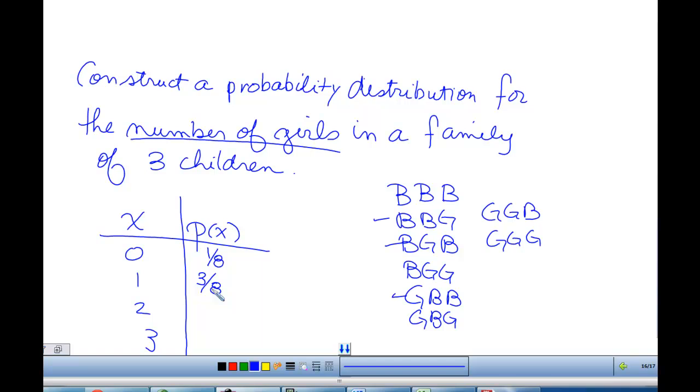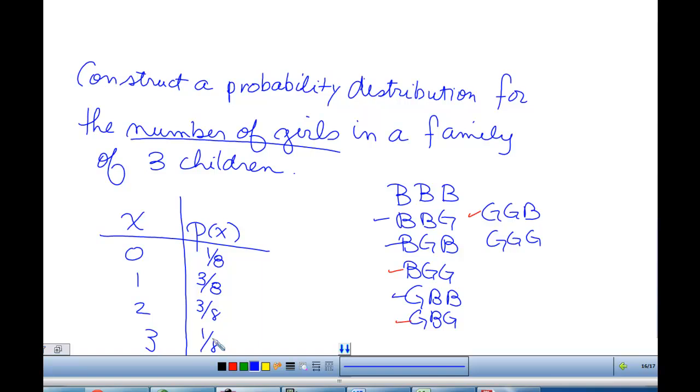Probability of exactly 2 girls, 2, 2, 2, so that's also 3/8. And then the probability of 3 girls is 1/8. Okay, so this is a very basic probability distribution. List the possible values, 0 through 3, and the probabilities associated with each one.